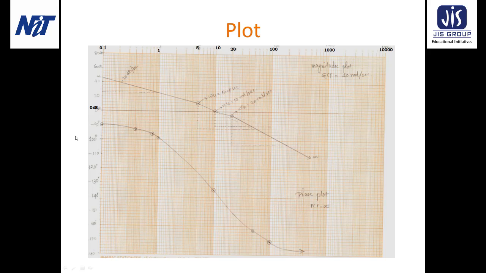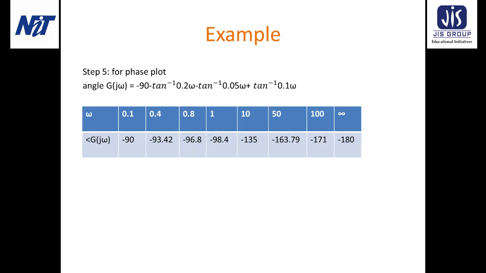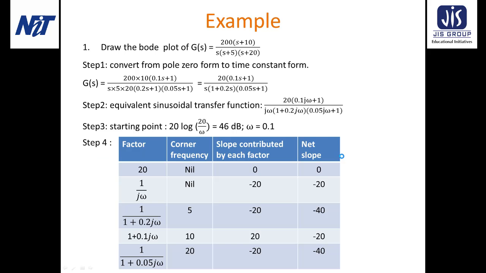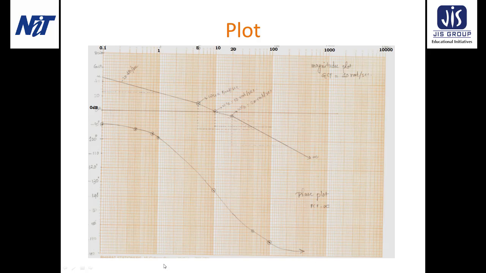In this way I have plotted all the points, and this is the phase plot of the open loop transfer function. Now we can see when the value is infinite, the angle value is minus 180 degrees. That's why in this graph I have not cut the reference line. The last line is the reference line, and this phase plot does not cut the reference line.